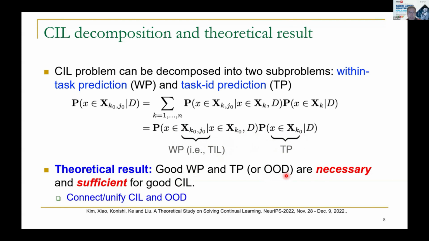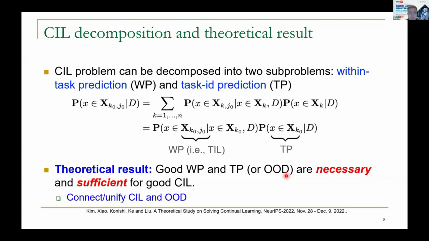What is interesting is that previously people studied continual learning, and separately people studied out-of-distribution detection. Now we're saying these 2 are actually connected, and they are basically the same problem. If you can do out-of-distribution detection very well, then you can also deal with class incremental learning.